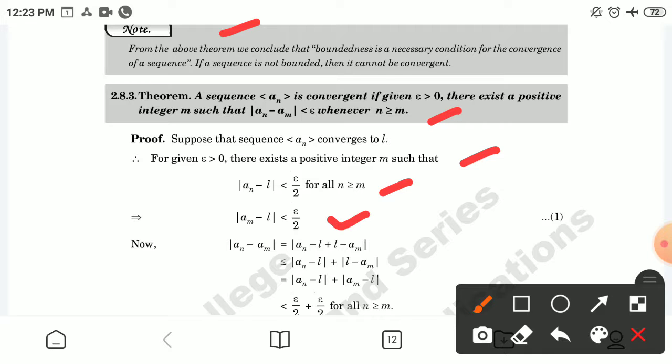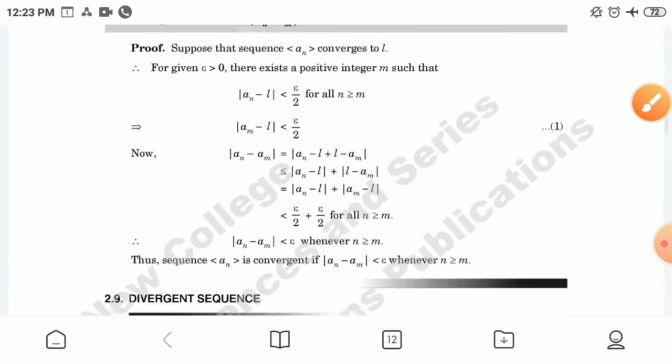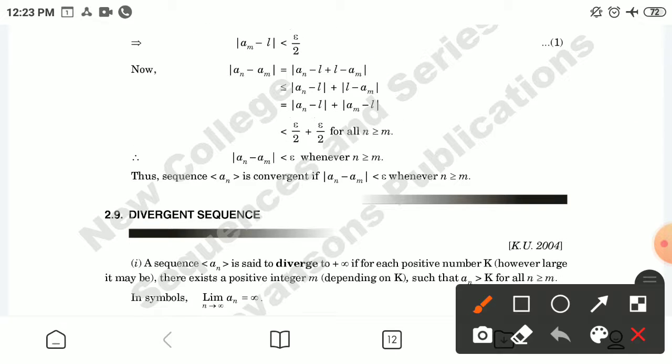Now, if we consider |an − am|, we can write |an − L + L − am|, and this becomes, by the identity, |an − L| + |L − am|, which is |an − L| + |am − L|.